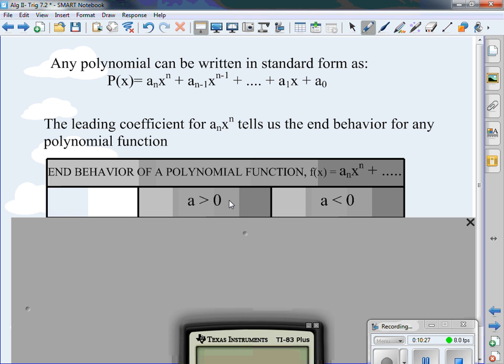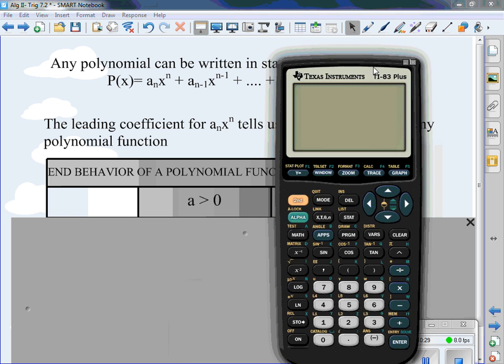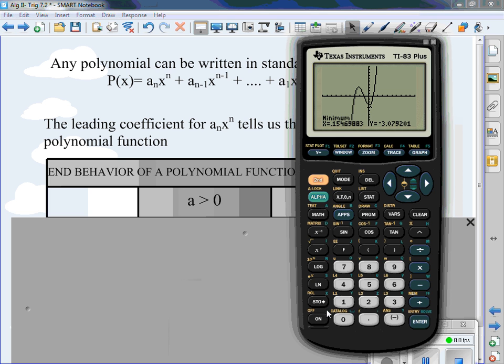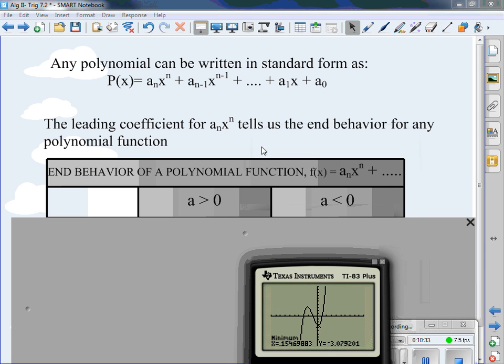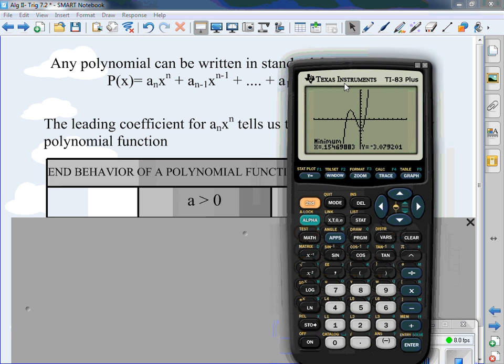So how did our graph look? These dots, it's just everything in between. How does our graph start? What's happening here? Is it going up or going down?